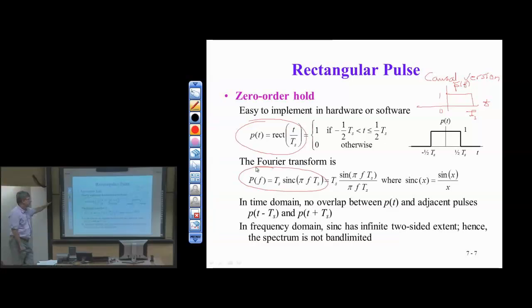Good. Another way to think about it, the longer I can observe something in time, the more accuracy I have in frequency. So the longer the pulse shape, the smaller the null bandwidth gets, 1 over TS. If TS gets bigger, 1 over TS gets smaller. This is a fundamental trade-off between time and frequency.